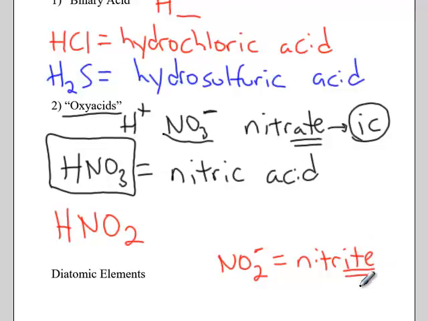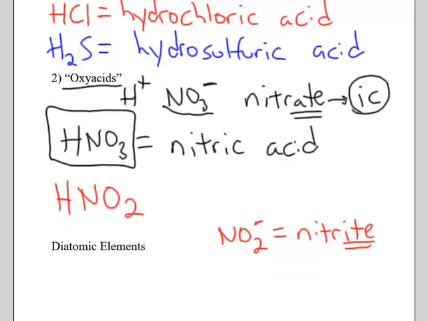I skipped ahead and gave this away. The ite ending turns into an OUS. So when it's an ate ending, we change it to an ic. If it's an ite, we change it to an OUS. So HNO2 is not nitric acid, it's nitrous acid.